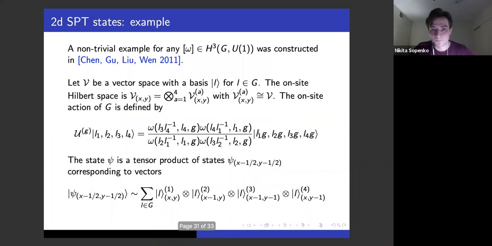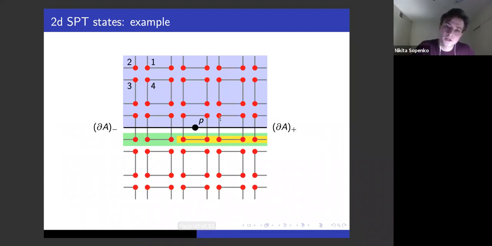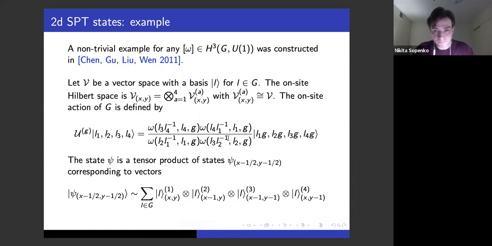So we have a certain state on a tensor product of 4 Hilbert spaces of 4 different sites, living in the corners of these squares, and the action of the group on these Hilbert spaces is defined by that expression.